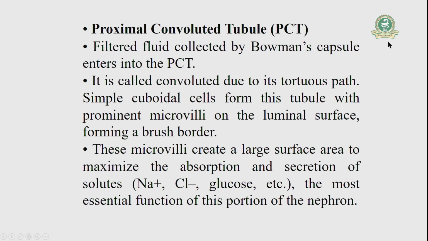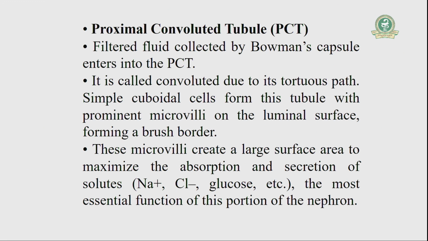Proximal convoluted tubule, PCT. Filtrate fluid collected by Bowman's capsule enters into the proximal convoluted tubule. It is called convoluted due to its tortuous path. Simple cuboidal cells form this tubule with prominent microvilli on the luminal surface, forming a brush border.